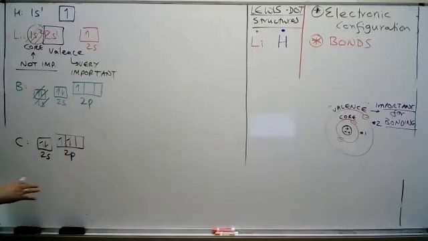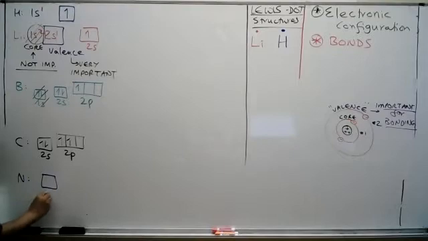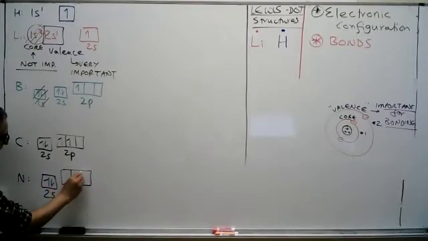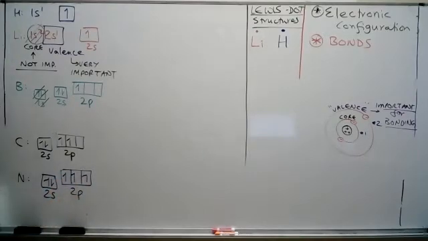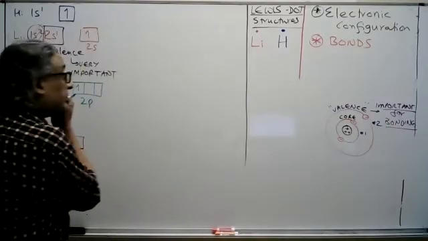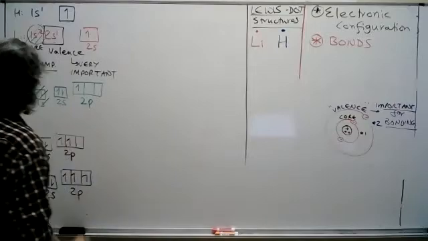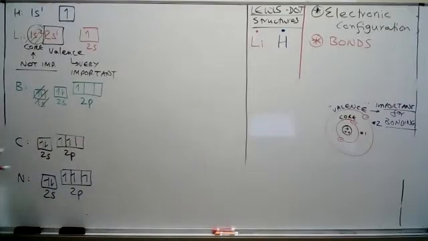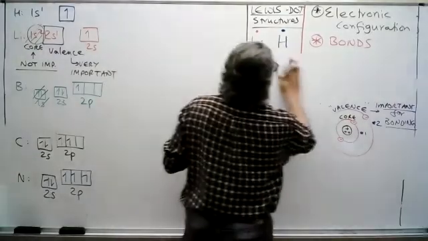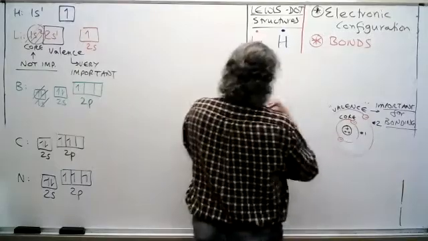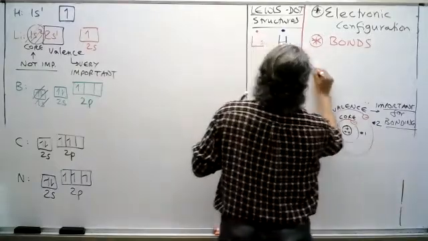Okay. Let me just draw one other element, nitrogen, which is 2s2, 2p3. Okay. Let's do that. So now, as you figured out, we will probably need some room here.